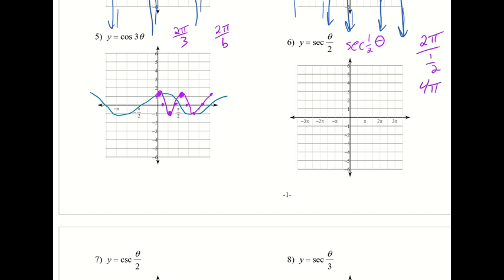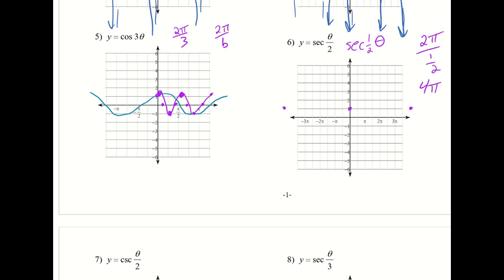So cosine of theta divided by 2 keeps our y-intercept, and then it takes 4 pi in either direction to repeat a full cycle with this. Then halfway between these two maximums, or two zeros, or two minimums, we'll have the other type.